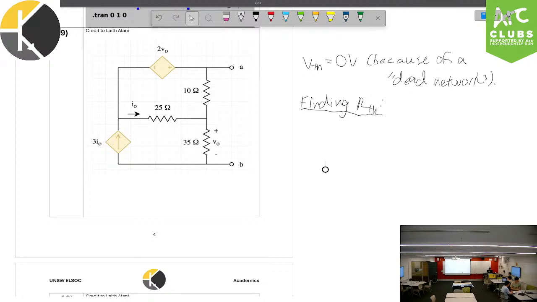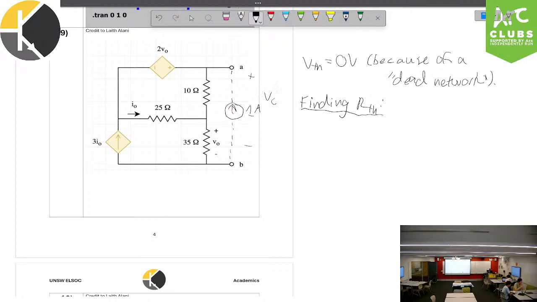So what we have to use is method 3, which is to connect a power source to the terminals of A. If we assume that this is a source connected to these terminals, let's say this is a current source, for instance. What we have to do is find the voltage across this current source, which we'll call VC, C for current source.